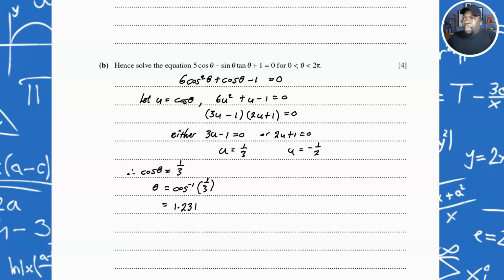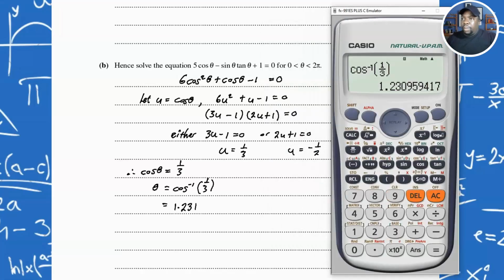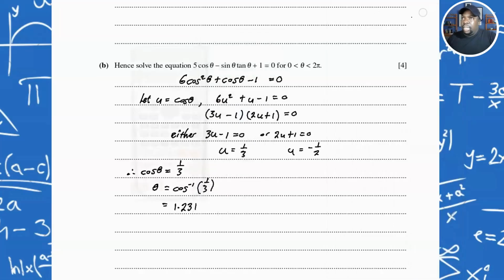So remember, since the range is in radians, our answers should be in radians, and 1.231 is within range. You can see that 2 pi is actually 6.283. So as long as we have a value between 0 and 6.283, then it's within the range. So this value is fine.